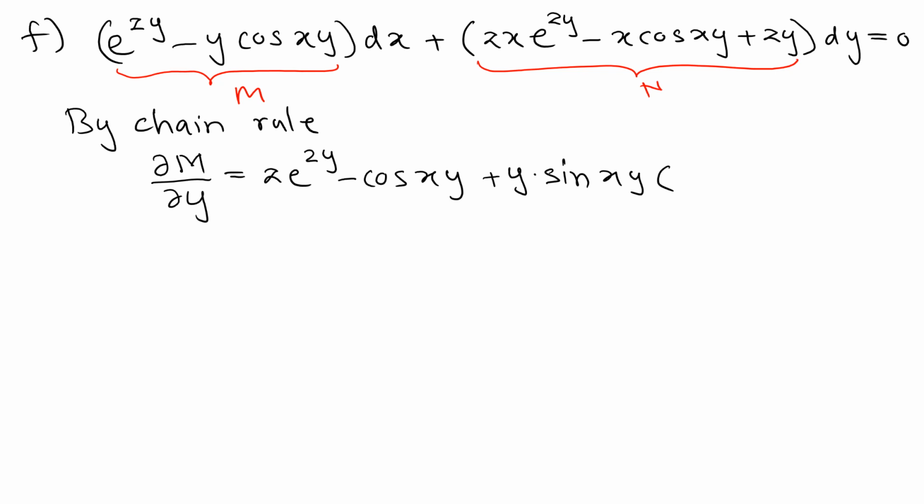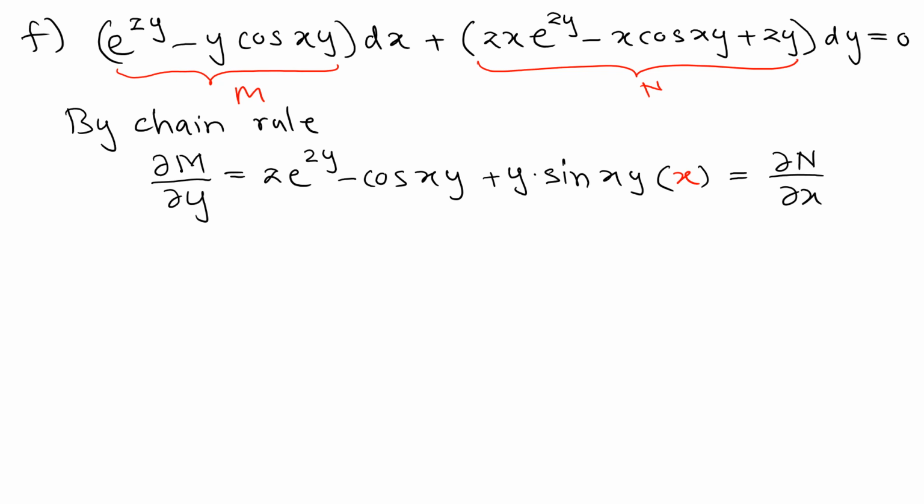But here remember x is a constant, so the x term comes out. That's the derivative, and if you take the derivative of the N term with respect to x, you see that you get the same thing.